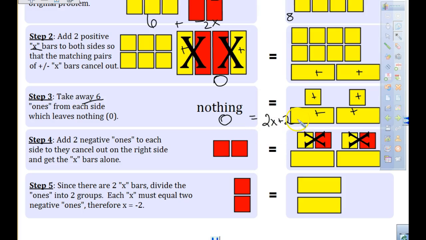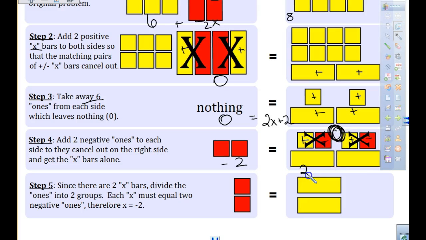In order to make the positives a 0, we have to add 2 negatives to both sides to cancel. So, if we think of this as being our equal, you now have negative 2. When I put these negatives, what happens to a negative and a positive if we add those together? That's going to be 0.